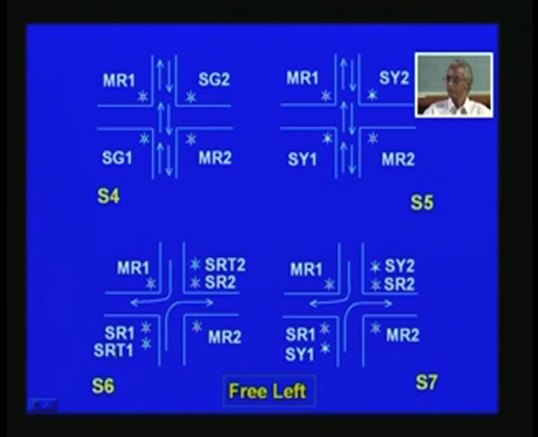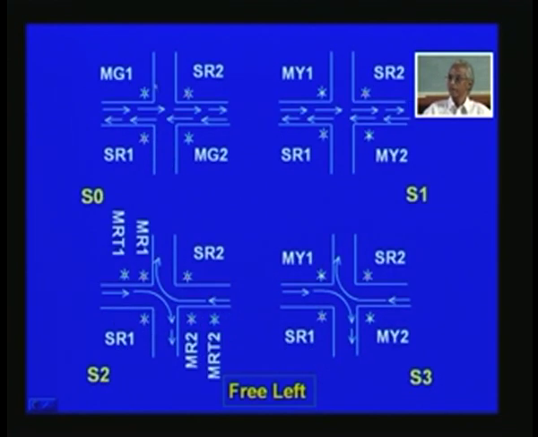This is basically a green arrow, and so was the case for the main MRT1, MRT2 shown earlier. After this sequence, it will go back to the S0 sequence.